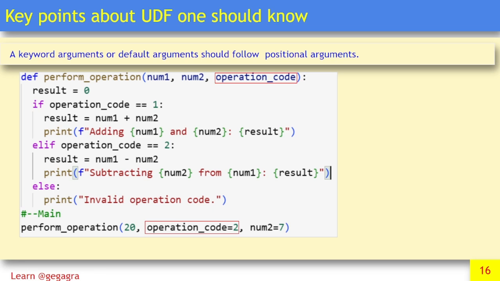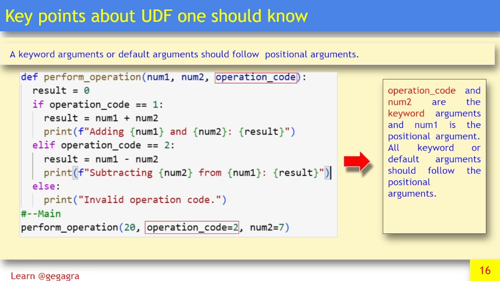So num2 equal to 7 will move to num2, and the operation code, whichever it is, will move to operation code. These two are the keyword arguments, and num1 is the positional argument.